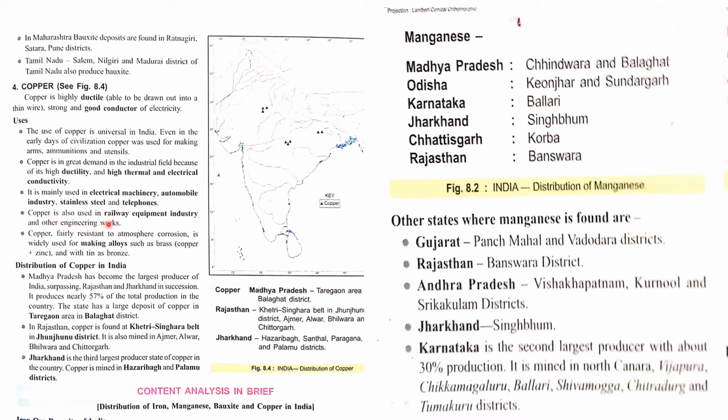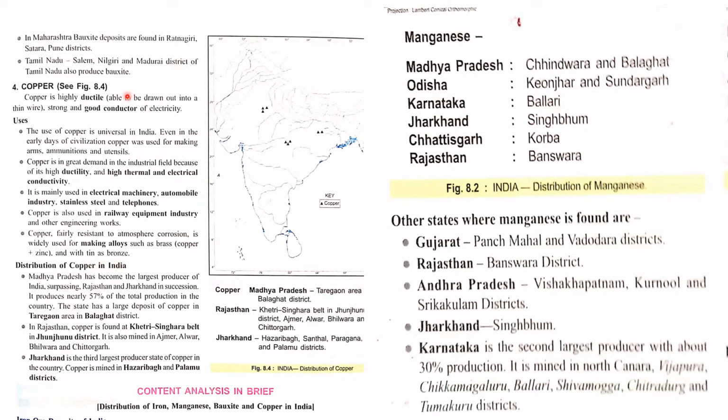Copper is also used in the railway equipment industry and other engineering works. Copper, fairly resistant to atmospheric corrosion, is widely used for making alloys such as brass, copper and zinc mixed, and with tin as bronze.